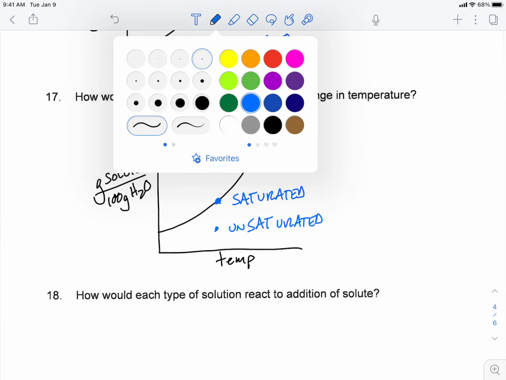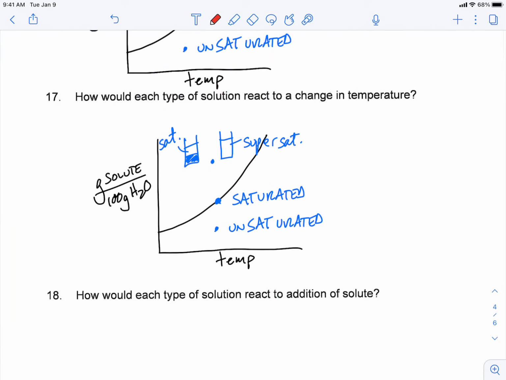If I had a saturated solution and I increased the temperature, it would then be below the line. It would become unsaturated. So the saturated would go to unsaturated. If I was unsaturated and I increased the temperature, it's going to remain unsaturated.